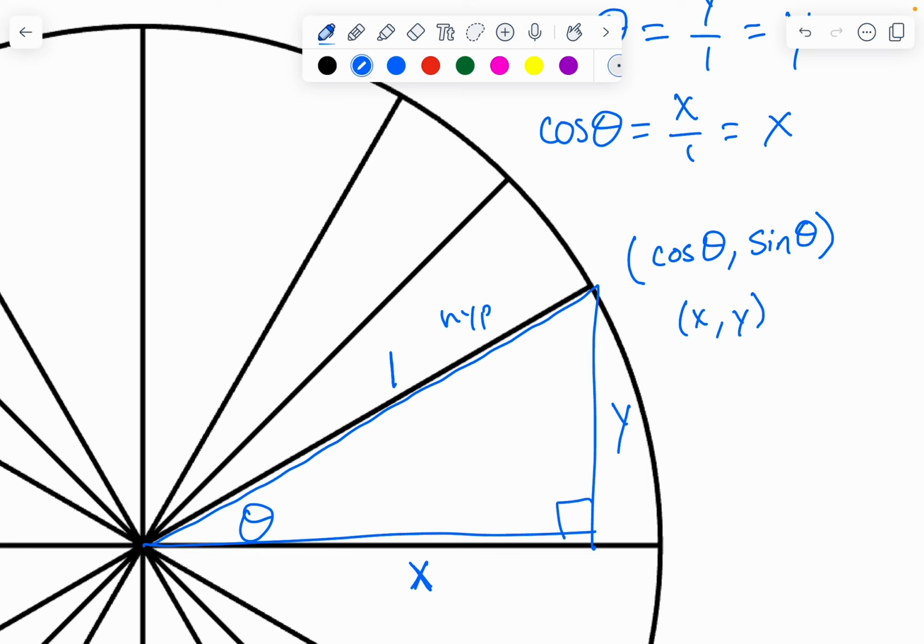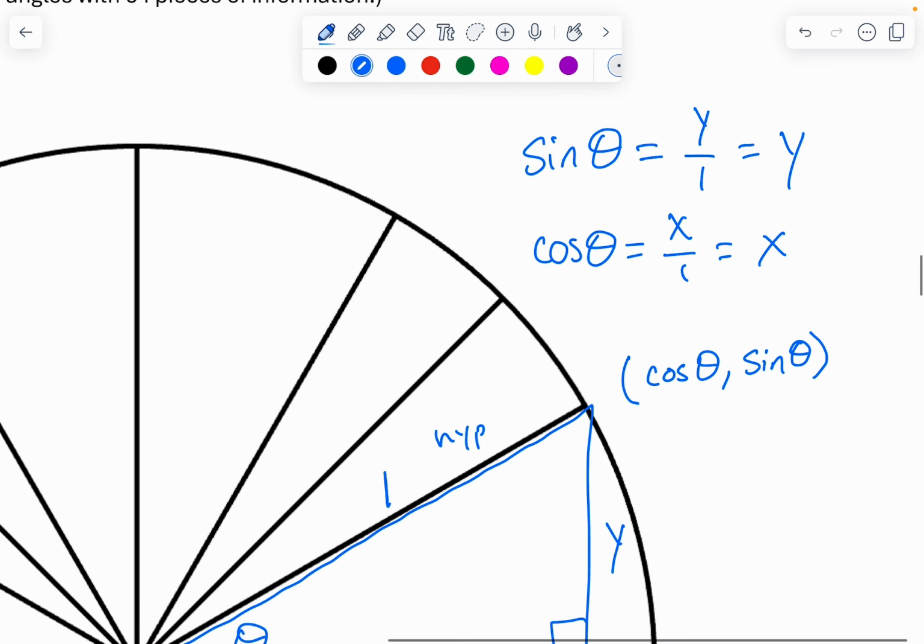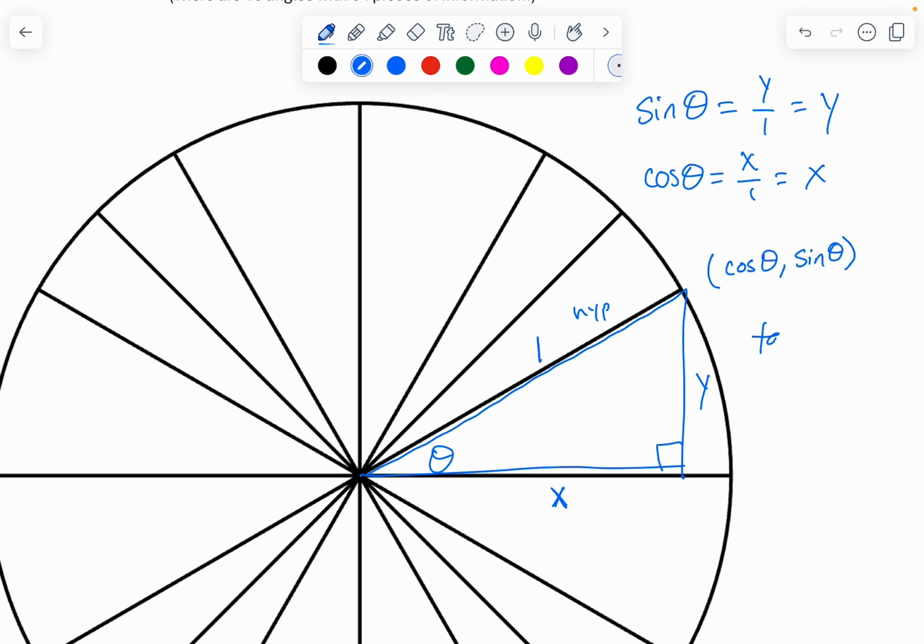We also want to talk about tangent. Tangent of theta is opposite over adjacent, which is y over x, where the y value is the sine. So this is equal to sine of theta over cosine of theta.